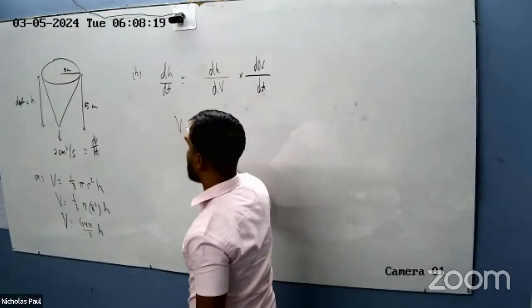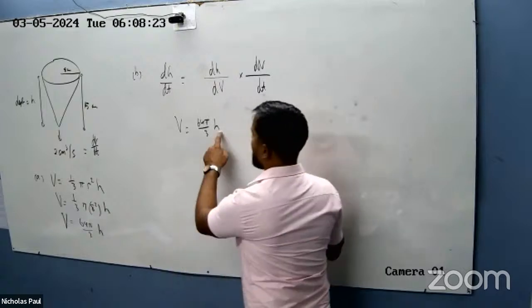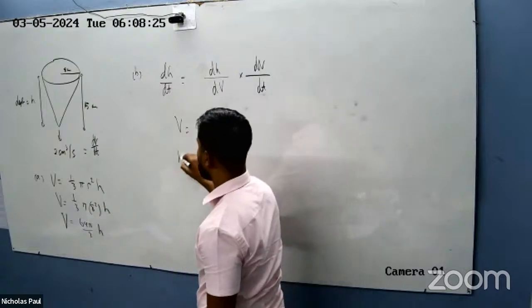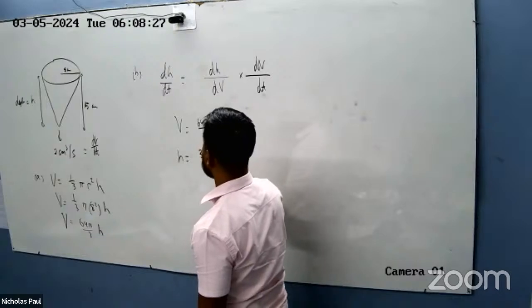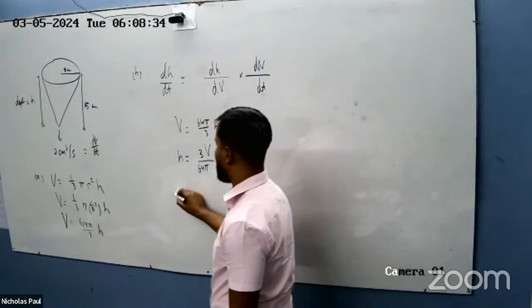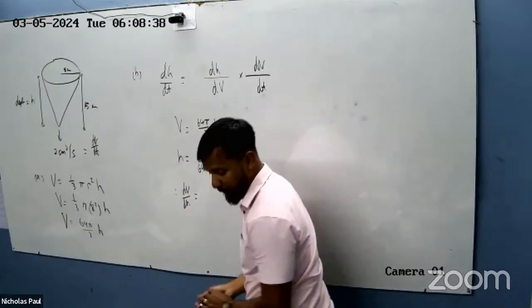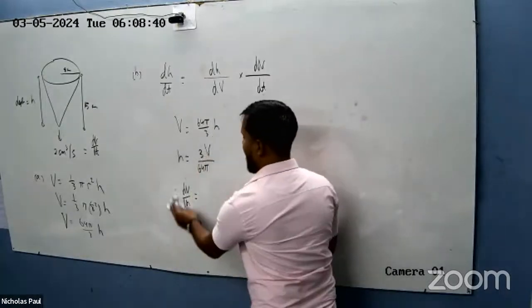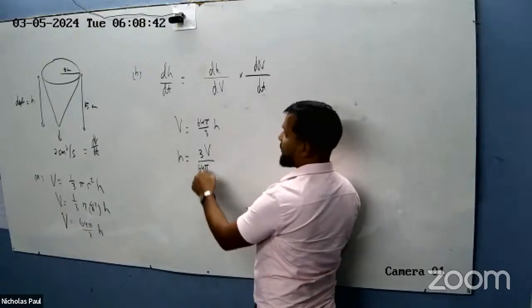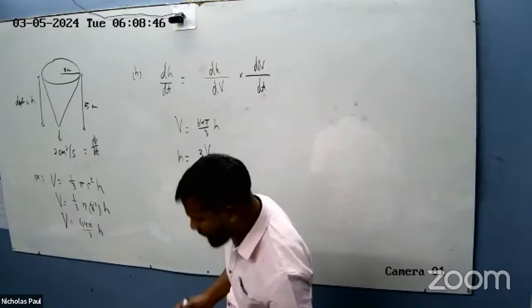So since V is equal to 64 pi on 3H, we can make H the subject of the formula. H is equal to 3V all over 64 pi. So therefore dH/dV, sorry, I meant dH/dV, right?